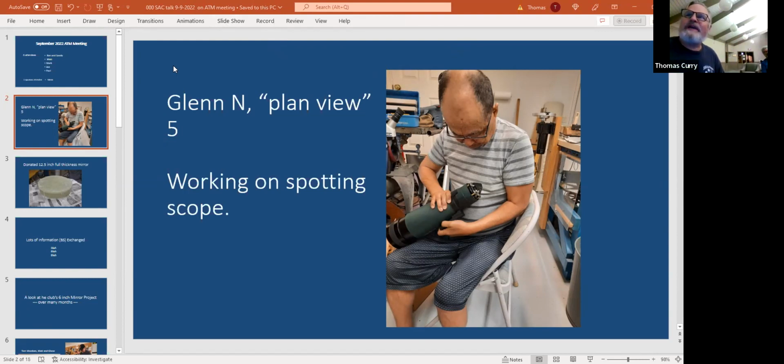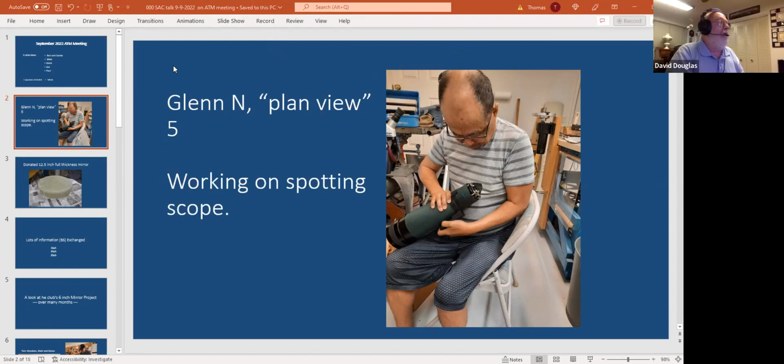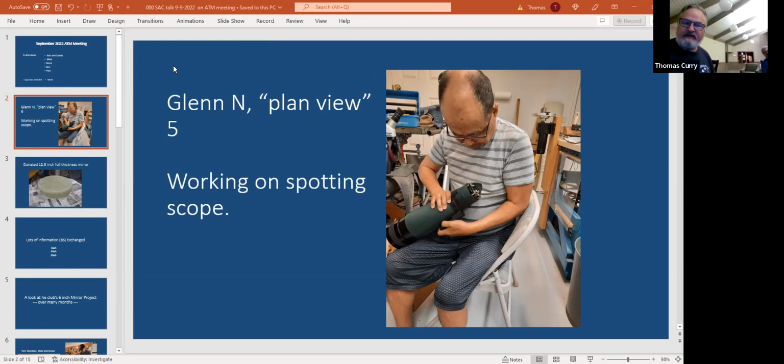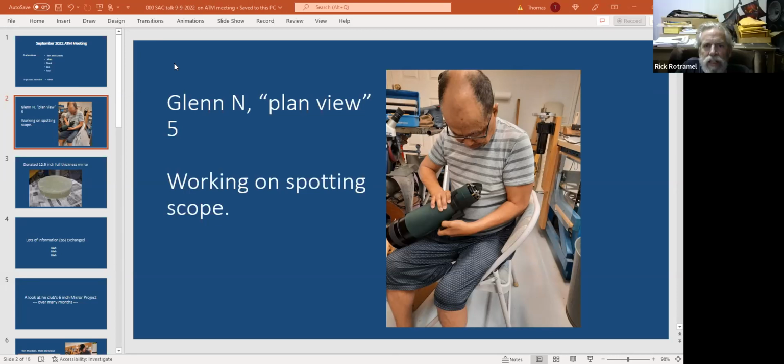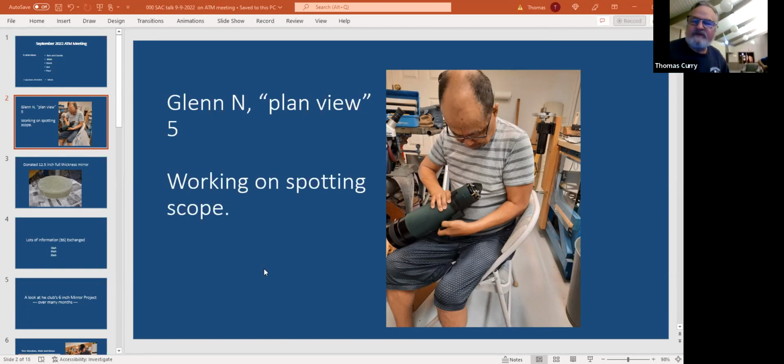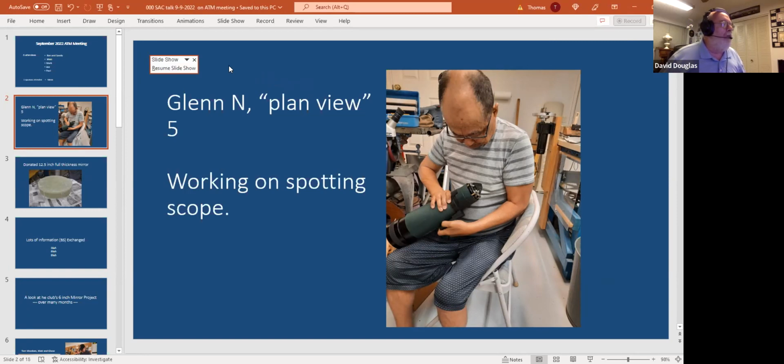How come we can't see it? I don't know. We're seeing the first slide, but it's not going to the second slide. So I tell you what, double click on the picture. Okay. That resume slideshow. We've done that. All right, take your mouse all the way over to the left and put it on the next slide and click it.